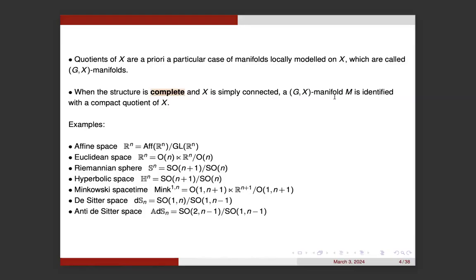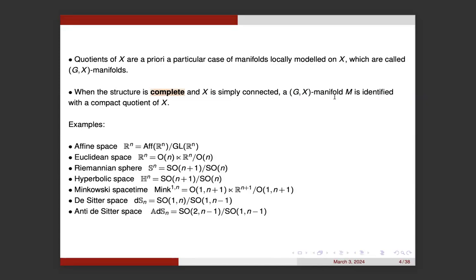So the question I gave in the beginning is the following: given a homogeneous space, is there a compact manifold which is locally isomorphic to X? On one side I have this question. On the other, given this homogeneous space, I can ask whether there exists a compact quotient.